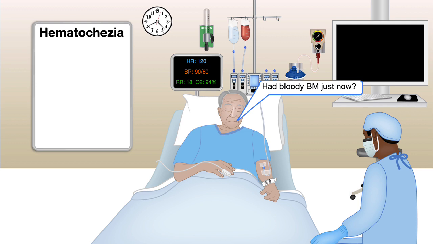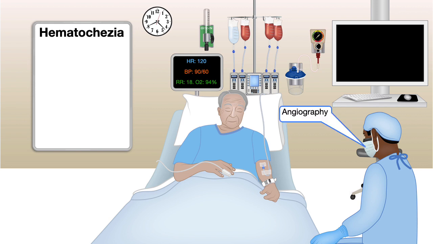That indicates that the patient has ongoing GI bleeding. And in this setting, a patient with severe, ongoing bleed, hemodynamically unstable despite the transfusions, you should consider angiography, not emergency colonoscopy.